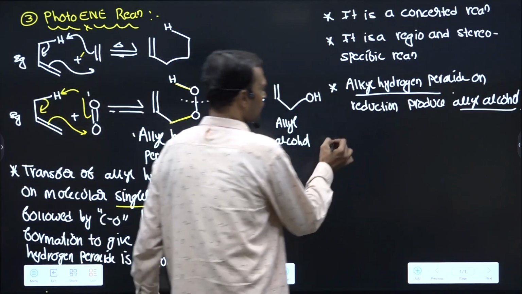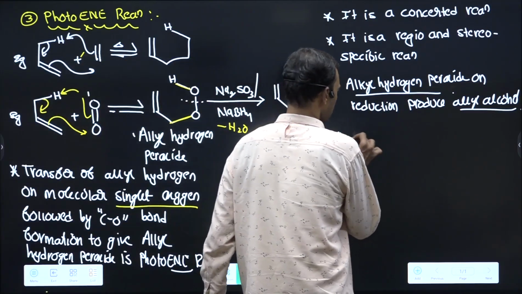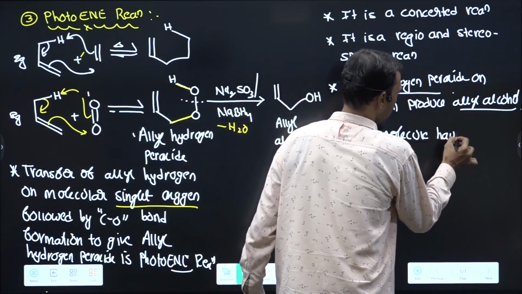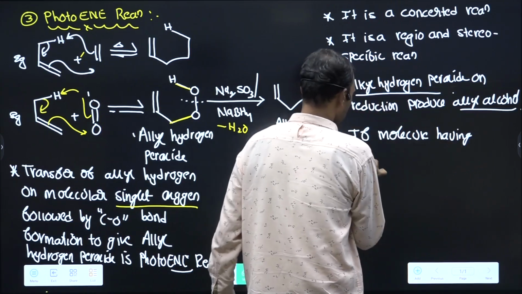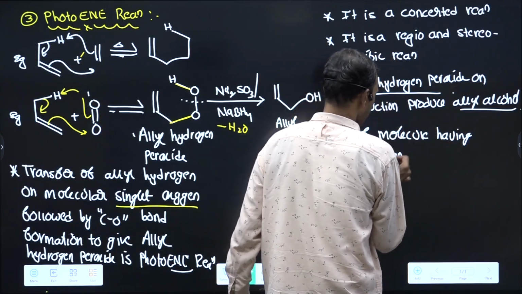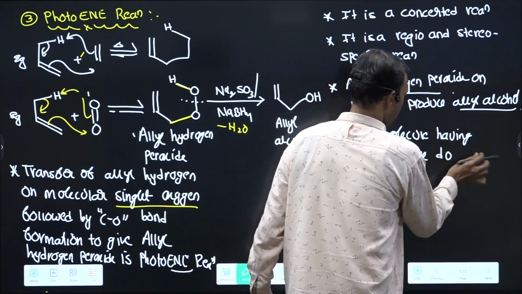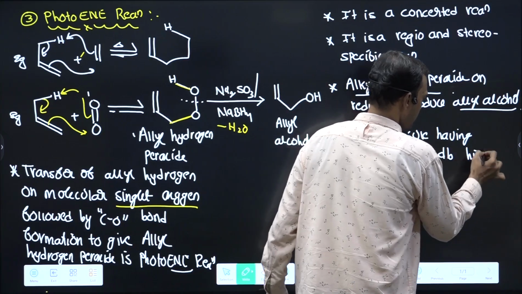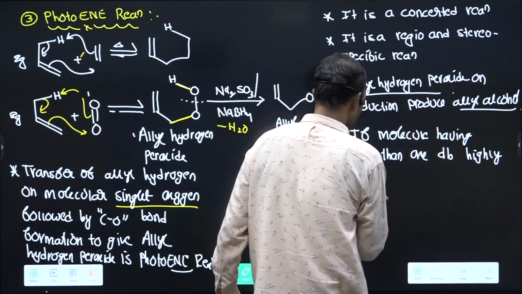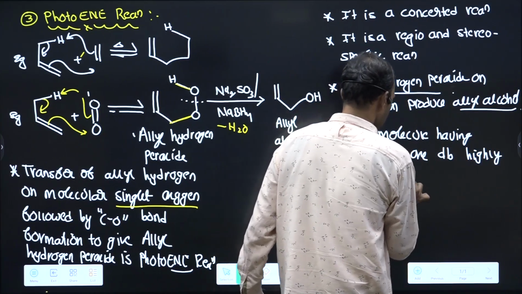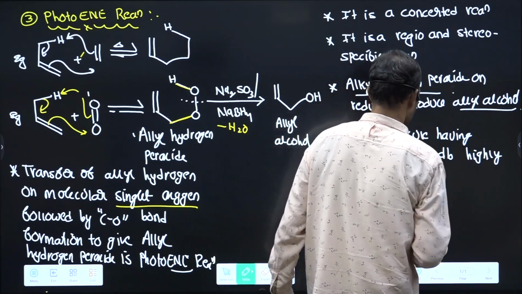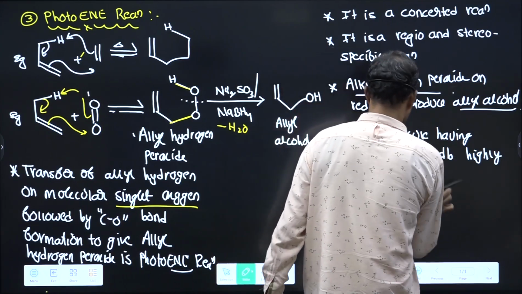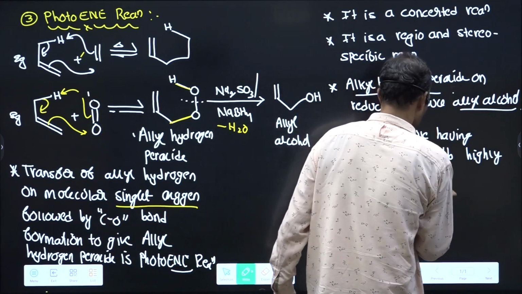Okay, so if it is a regio and stereo specific reaction, see, if any molecule has more than one double bond, the highly substituted double bond is involved in the reaction.